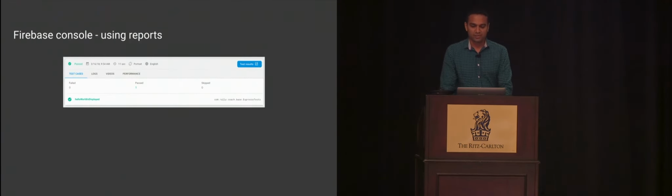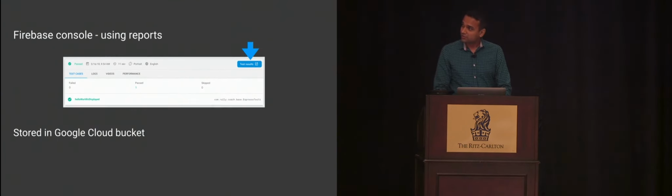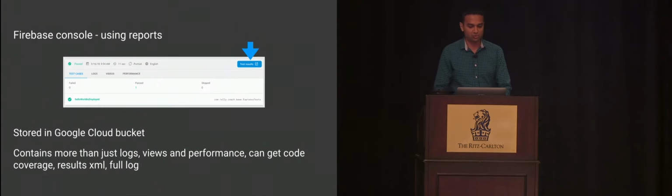I'll talk a little more about that a little later. As I've mentioned before, these artifacts for Test Lab are stored within a G-Cloud bucket. And they contain not only the reports, but also coverage reports, and then full logs, etc.